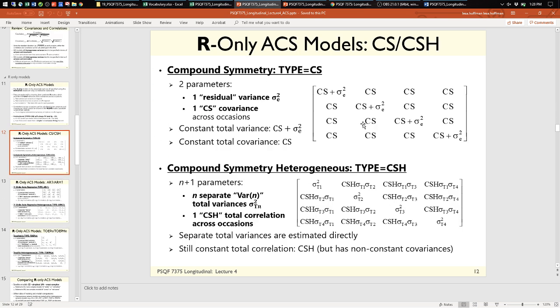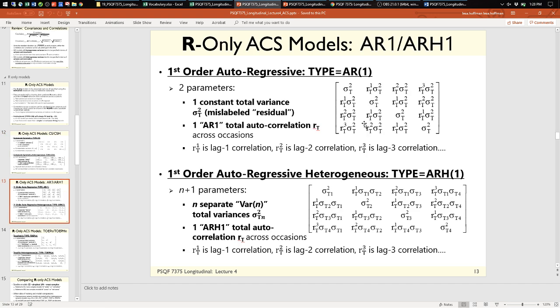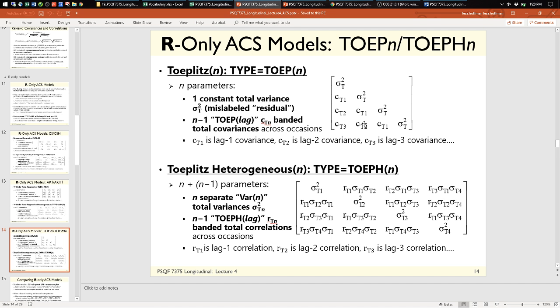These models that we've looked at, compound symmetry and its heterogeneous counterpart, AR1, Toeplitz, they operate by trying to put everything in one matrix. The total variance and covariance across occasions and people all in one matrix, and they try to find a pattern for that. An alternative way of thinking about it is to start from the perspective of the sampling design and go from there.